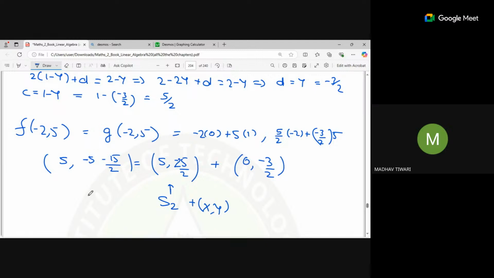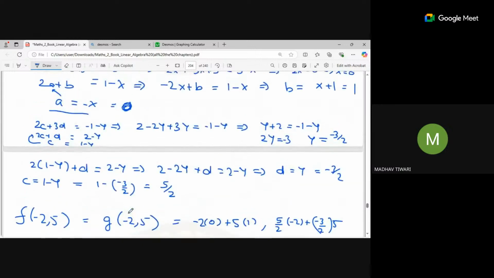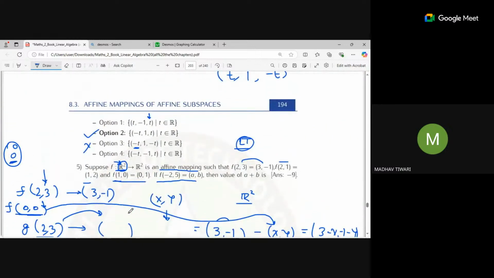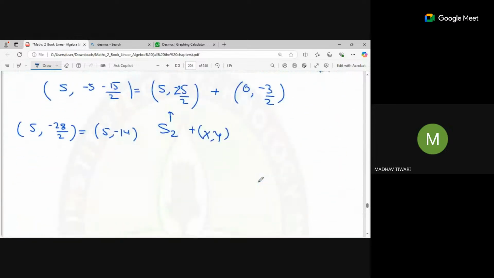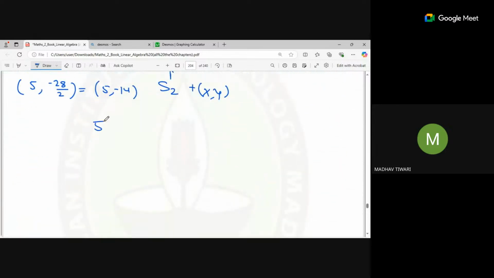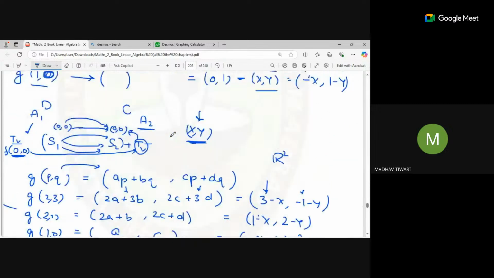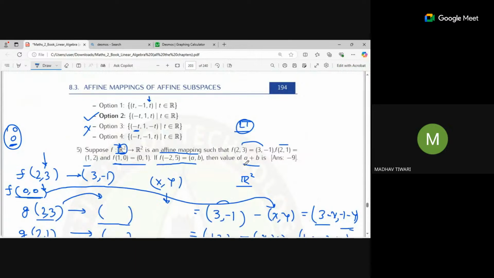If you add this, you will get 5 here, and adding this to this you will get minus 28 by 2. So its answer is (5, -14). In the question, it is asking for a plus b. So 5 minus 14 is minus 9. The answer is minus 9. Is that clear?